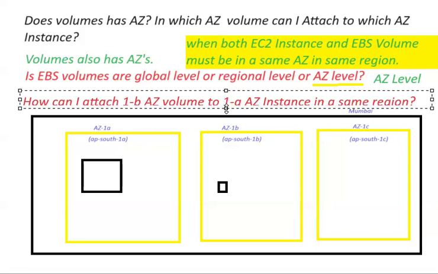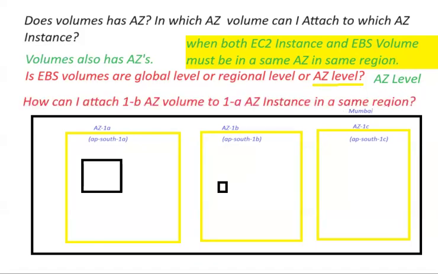Let's discuss this question. We cannot directly attach a 1b volume to a 1a EC2 instance because they are in different availability zones. Then how can I attach the same data present in the 1b volume to the 1a instance?